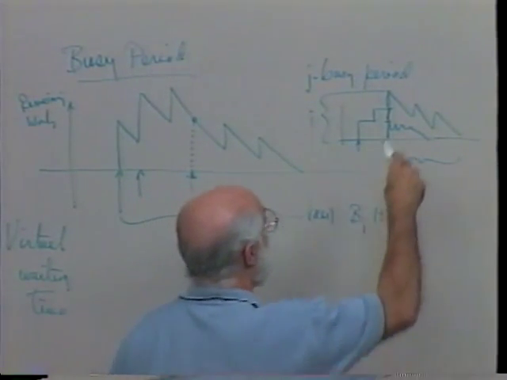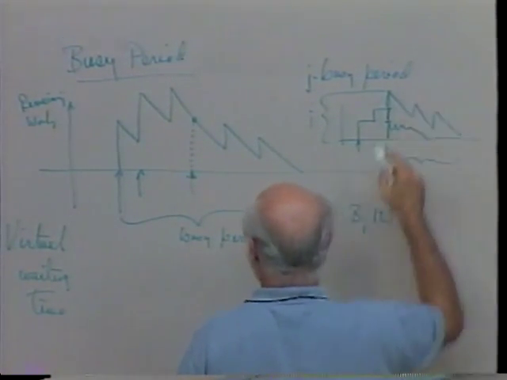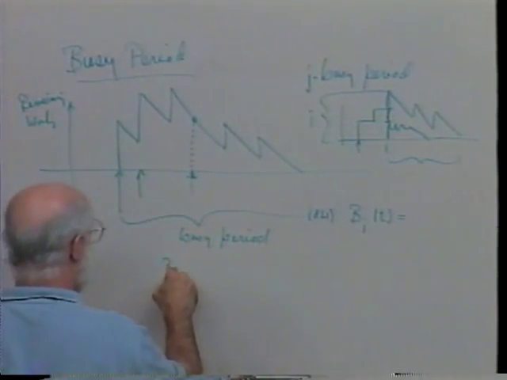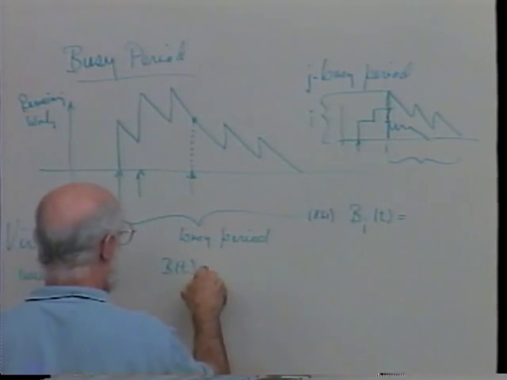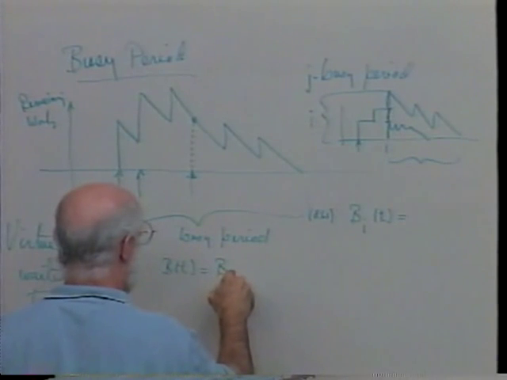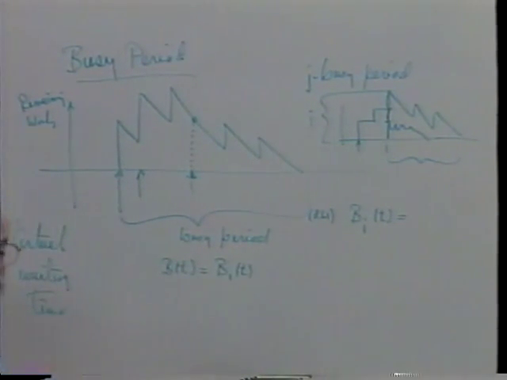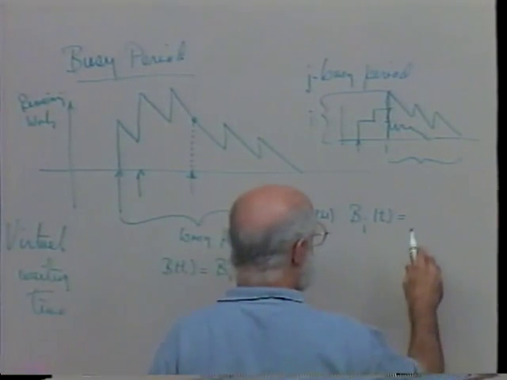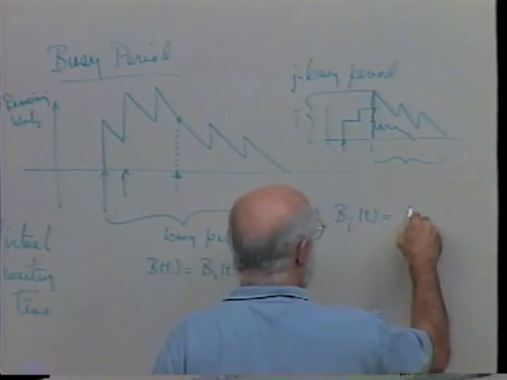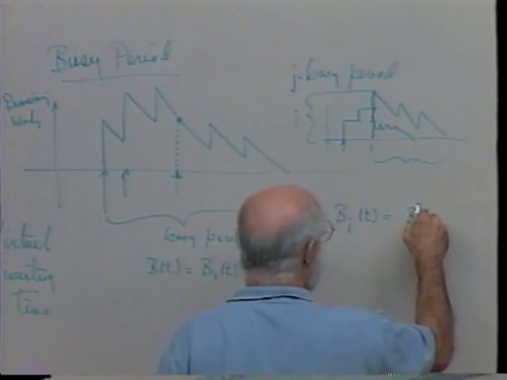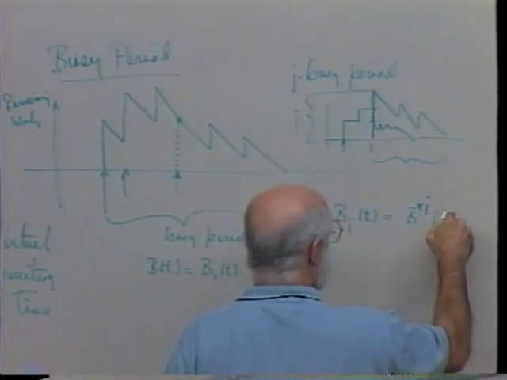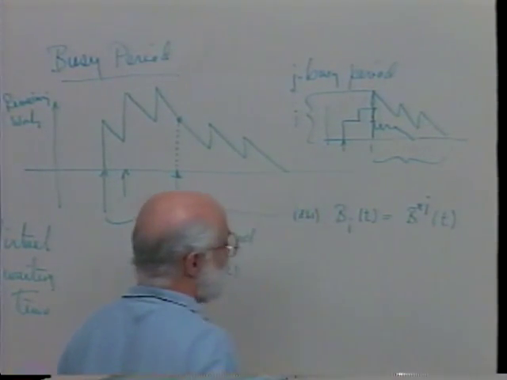Okay, so if I define B of t as the distribution function of a busy period, and notice that, of course, that's the same as a J busy period with J equals 1, then this thing is the J-fold self-convolution of the distribution function of a 1 busy period.